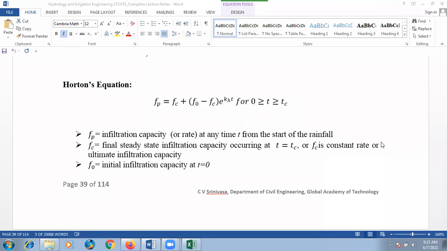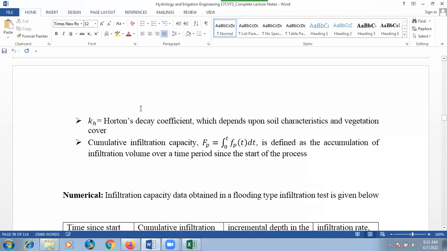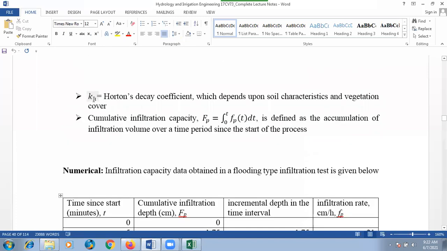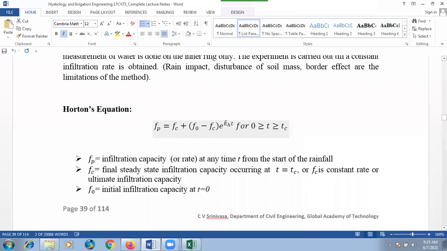That is the final limit or the maximum limit of the time we are considering. Based on these things, we would go ahead with an equation which also has Horton's coefficient Kh. That is also written here, Horton coefficient Kh, e to the power Kh into t.